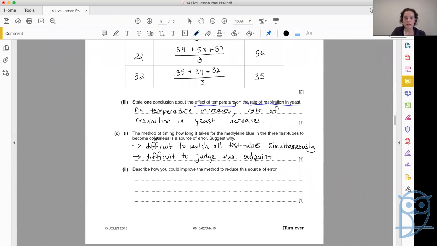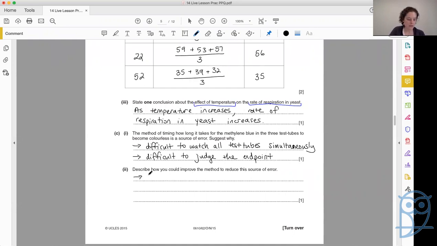Now the next part is, see this is C part 1 and C part 2, it means they're linked together. Okay, describe how you could improve the method to reduce this source of error. So whichever one you pick for C part 1, your method improvement must relate directly to that error.